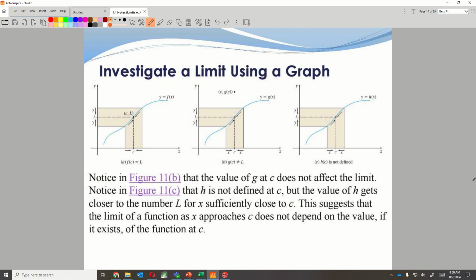Once it gets to this point right here, there is a different function. This is kind of like a piecewise function. It exists, but it's way up here. So, the line is not continuous, so we could say that the line is discontinuous here. It still has a hole right there, but the function goes up here. So, but the limit still exists. The limit is still going to be this point right there. All right.